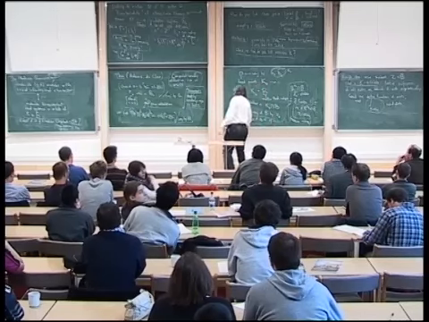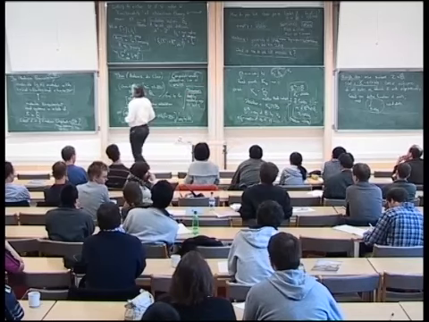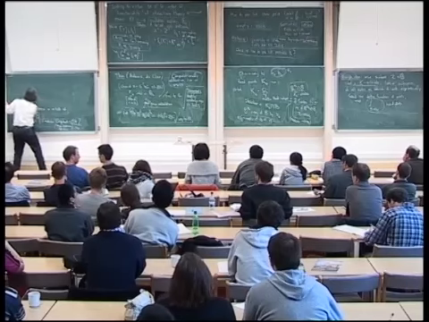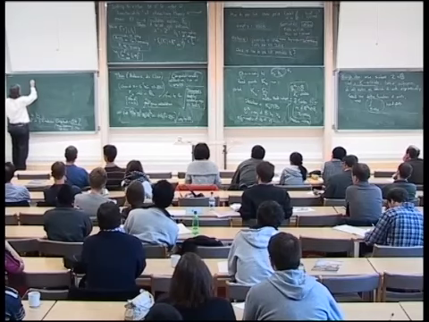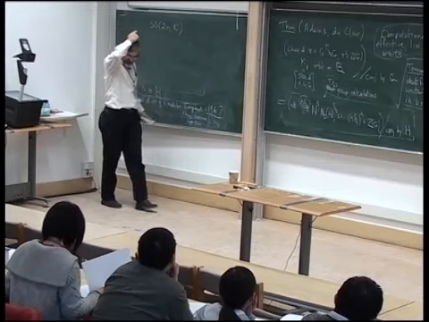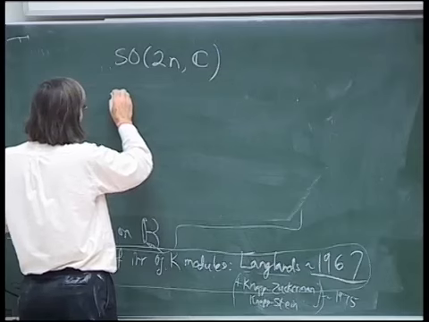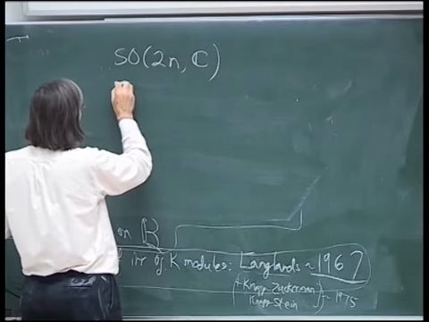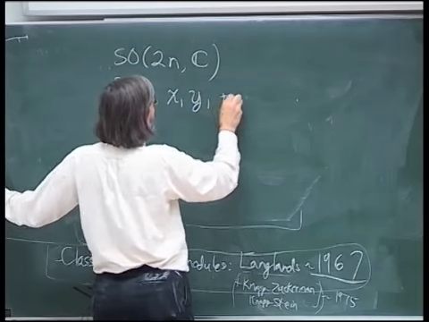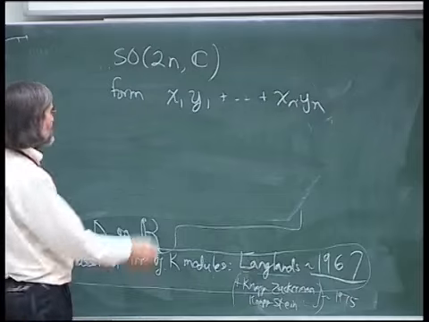So maybe the easiest example is, well, I won't succeed in writing it, but if you look at the complex orthogonal group, and the form is something like x1 y1 plus ... plus xn yn. I don't know if that makes sense.